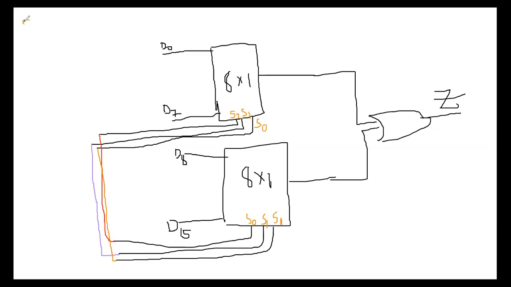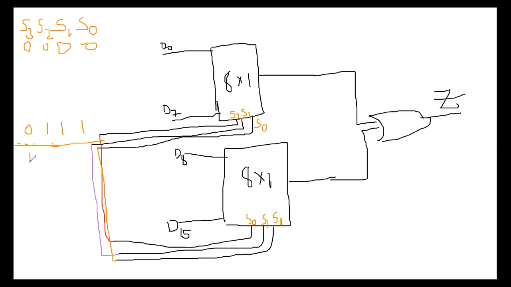Now what is the truth table saying? S3, S2, S1, and S0. Starting it is 0, 0, 0, binary up to 7, that is 0, 1, 1, 1. You see, up to here S3 is 0. So S3 is equal to 0, and the first 8 by 1 multiplexer is enabled.